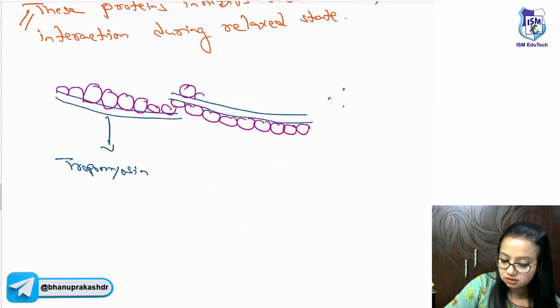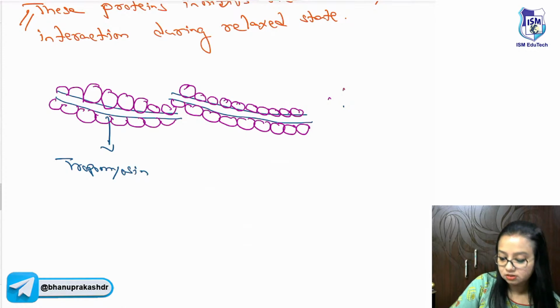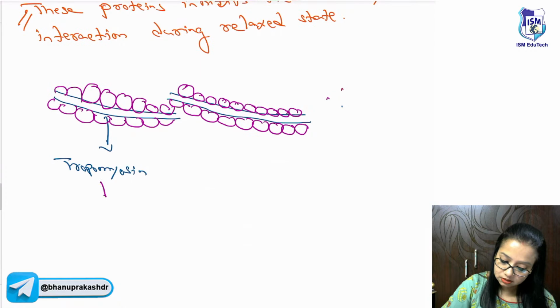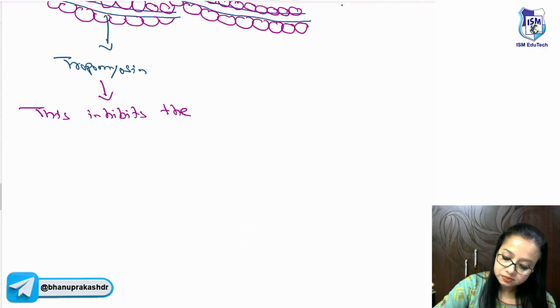It is grooving across. In between, it is attached to the actin and it is like grooving. Okay. This tropomyosin inhibits the actin myosin interaction.